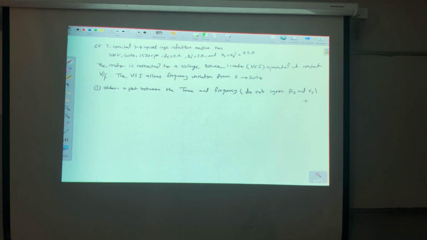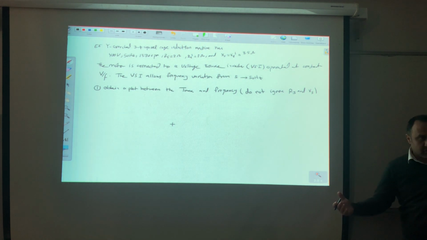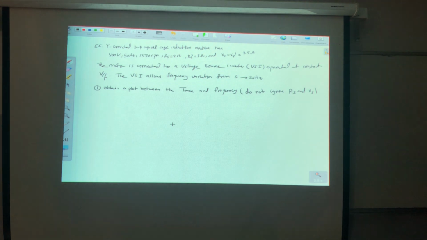So how can I solve this one? Now, because I need to plot Tmax with the frequency, the first thing I must write is the relation of Tmax. So Tmax, you still remember, will equal 3 over 2.